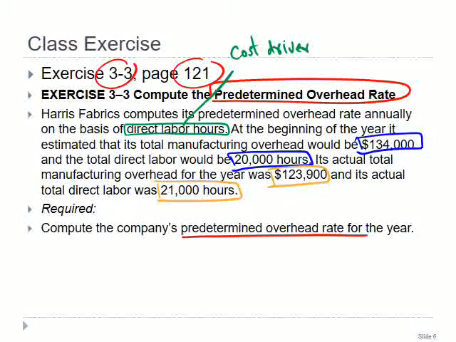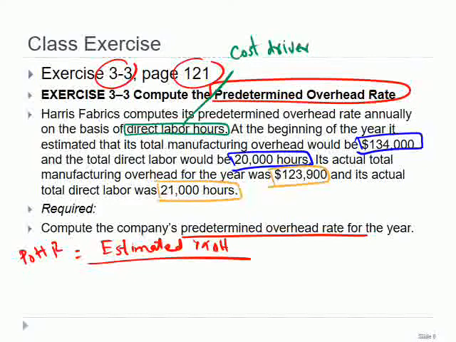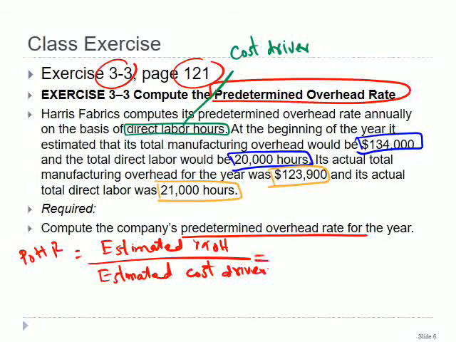And we know the formula for predetermined overhead rate: estimated manufacturing overhead divided by estimated cost driver.